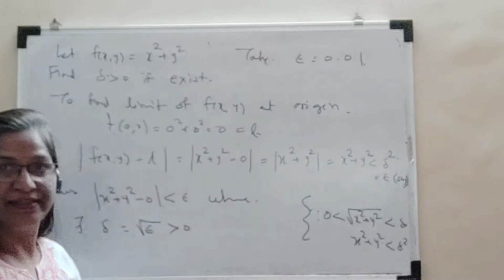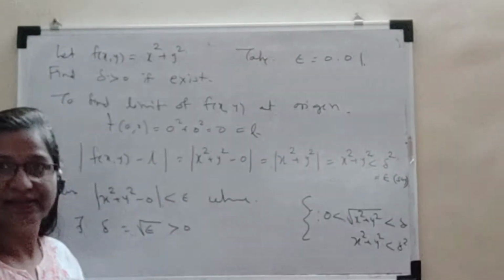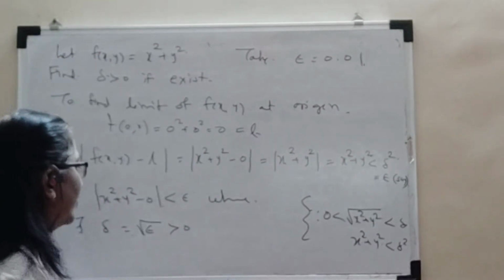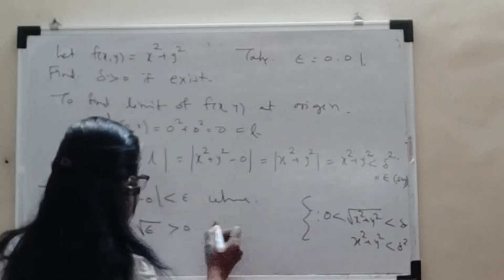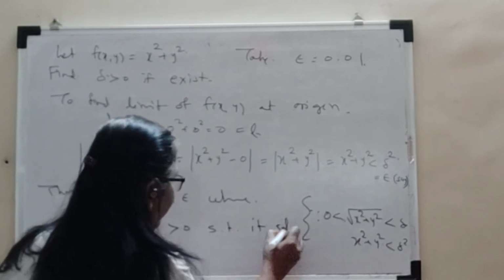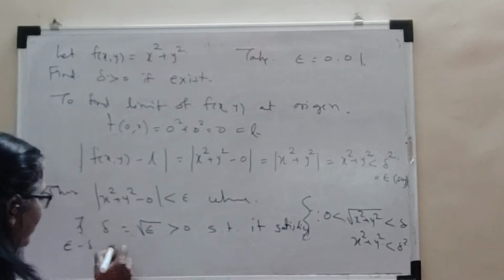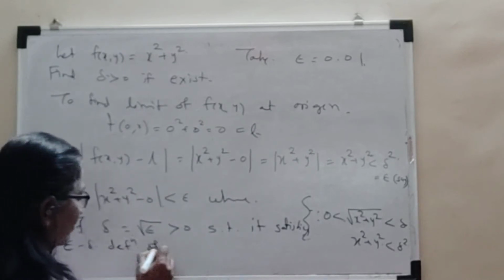So that's why it is greater than 0. So thus for this epsilon I am getting delta, okay, such that it satisfies the epsilon-delta definition of limit.